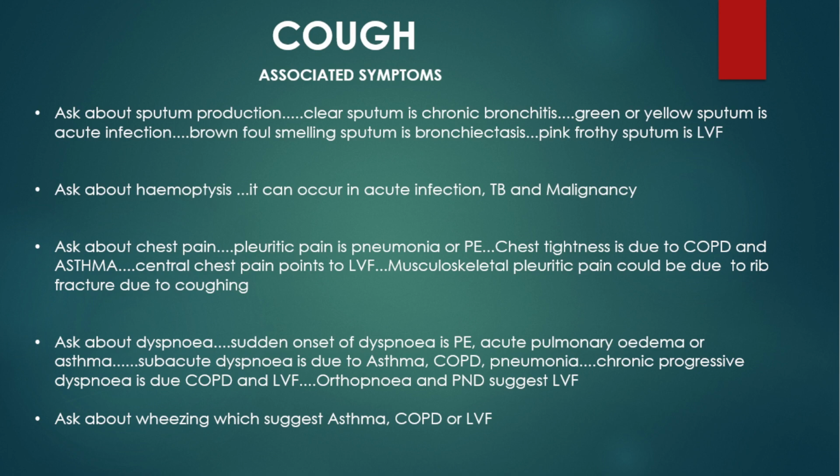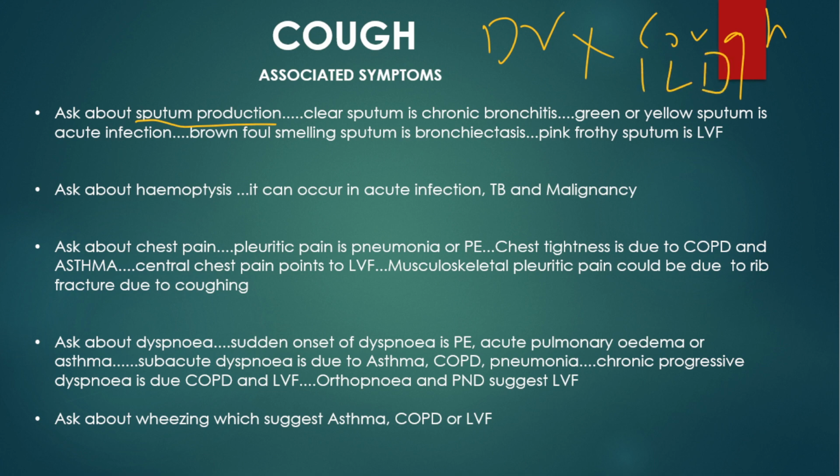A symptom associated with cough, which comes to our mind first, is sputum production. So we ask whether the patient has a productive cough or dry cough. If it is a dry cough, there are three DDs for that. One, interstitial lung disease.